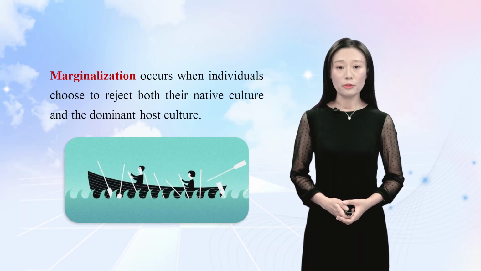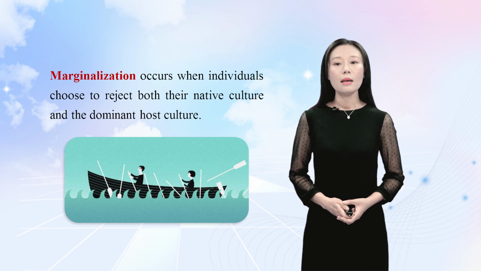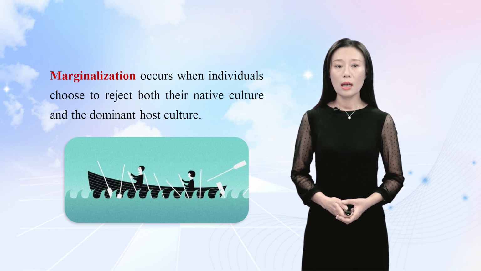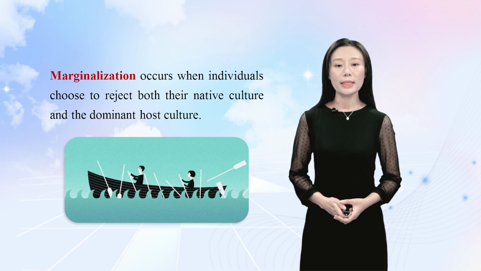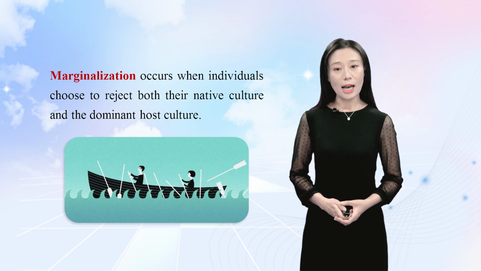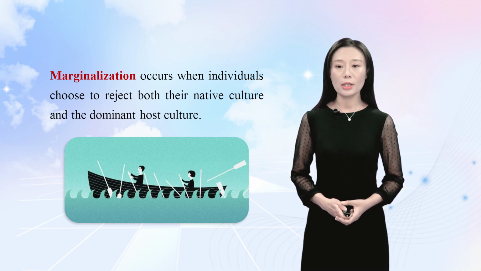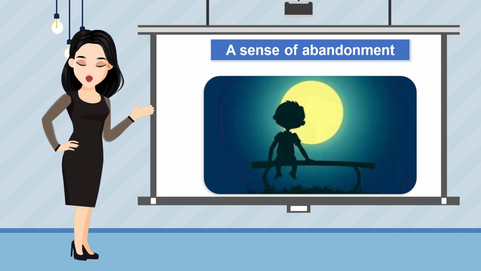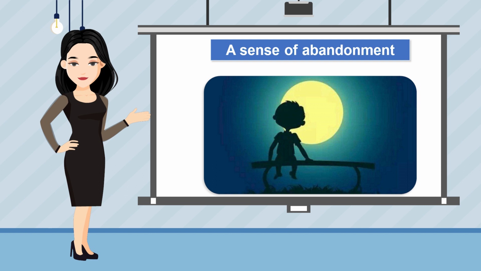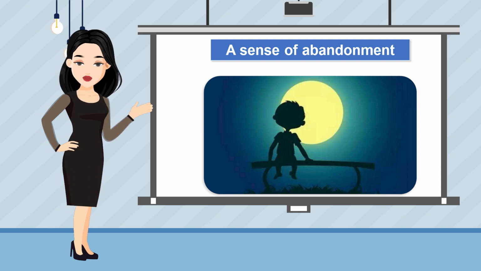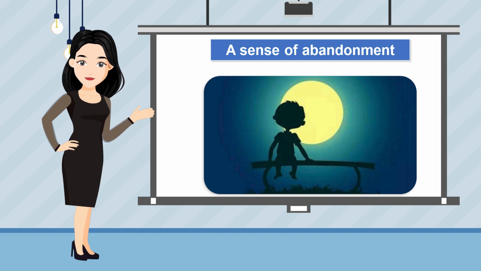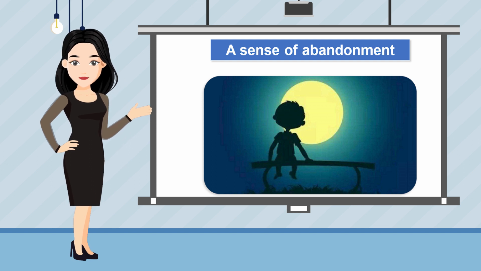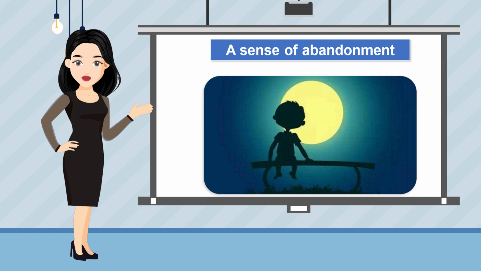The last type of acculturation is marginalization. Marginalization occurs when individuals choose to reject both their native culture and the dominant host culture. In many cases, marginalized people give up their home culture and hope to acculturate in the dominant culture, only to find that they are not accepted by the host culture.